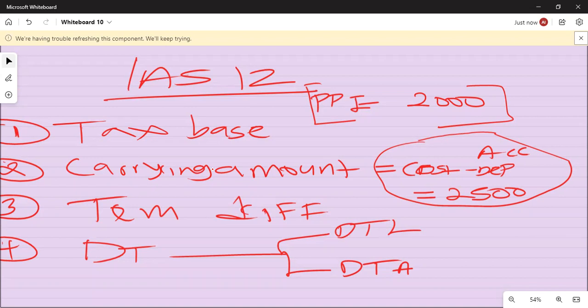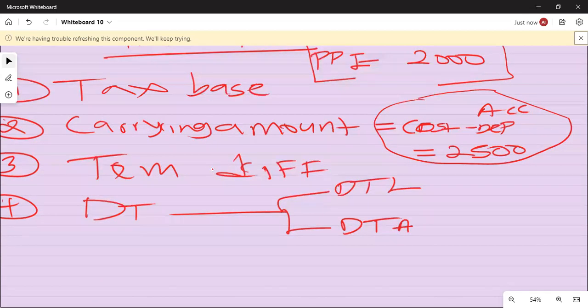So the difference between the tax base and the carrying amount is what we call a temporary difference. Don't worry, you are still going to learn this more.